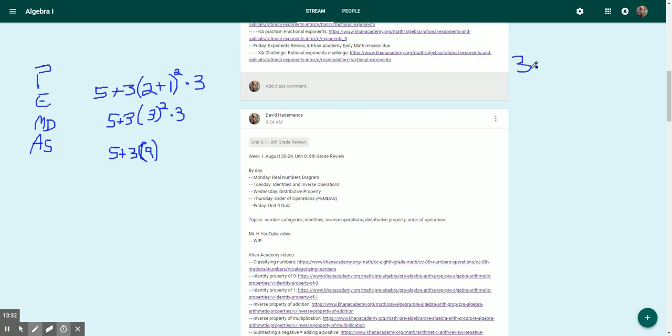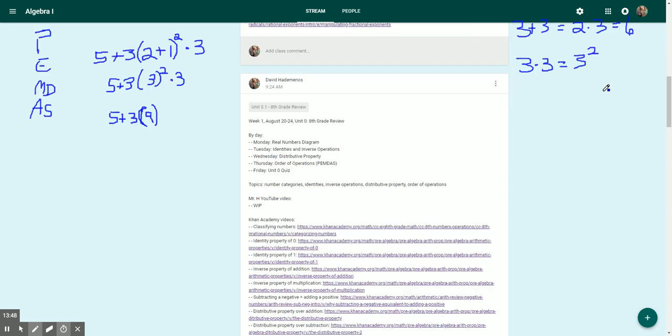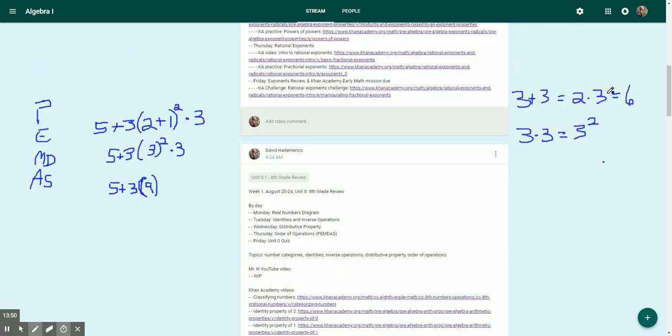So 3 plus 3 is the same as 2 times 3, which is 6. But 3 times 3, this is 3 squared. And that equals 9. Okay. And then times 3.